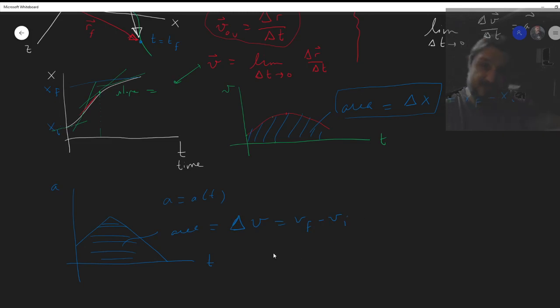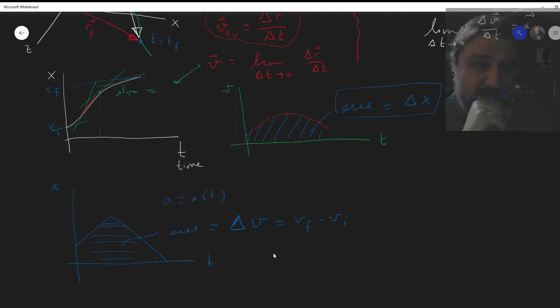You calculate the area. If you know one of the two velocities on the right hand side, you can find the other one. But if you don't know them, basically you have two unknowns, you can only find the difference between them. You don't know the initial velocities. You don't know the individual velocities. So this was what was missing in that video.